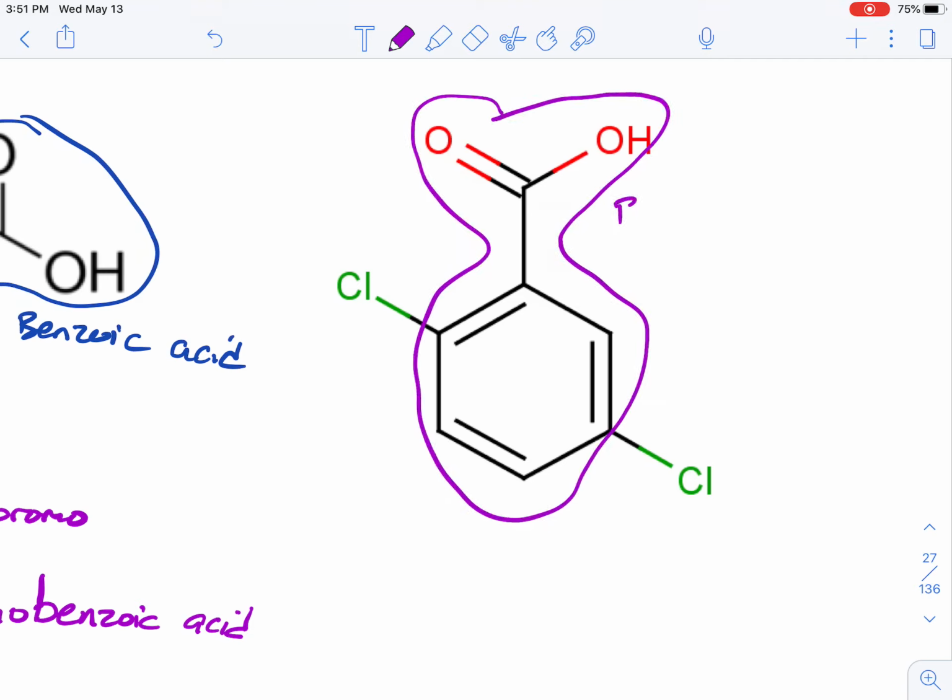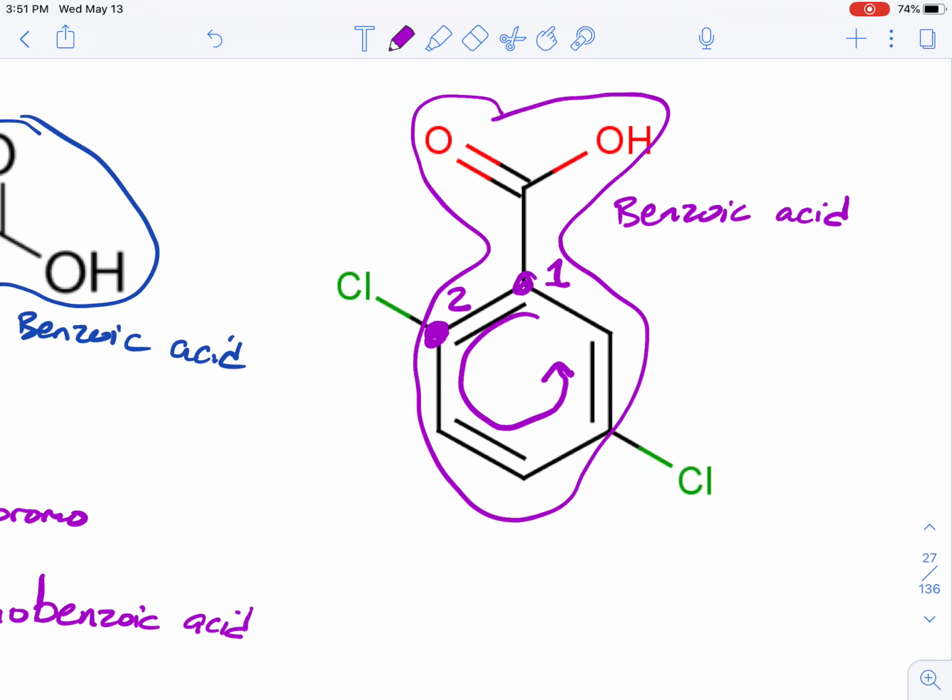So this whole section is going to be our benzoic acid. We know that this is carbon number 1. And so just by looking at the structure, I know that if I number it counterclockwise, this chlorine would get its lowest possible carbon number.